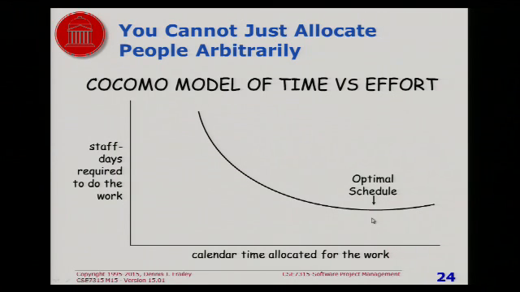Now, it turns out that this is a law of nature. And what I mean by that is that pretty much anything that goes on in nature, you can draw a curve like this. A good example is when any kind of animal becomes pregnant. There's a certain optimum amount of time for the baby to come about.